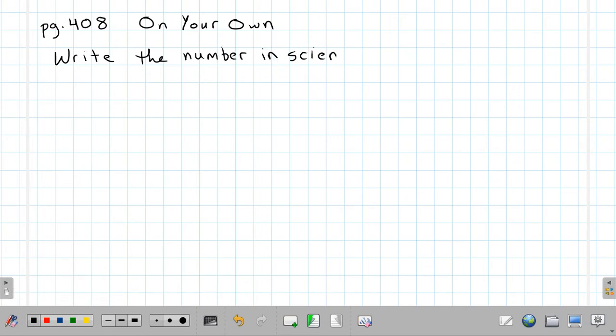So this is the very last thing we covered in the very last section, so this should be the stuff that's most fresh on your mind. But in this case, we're going backwards from what we did in the last questions, numbers 2, 3, and 4, of writing a number from scientific notation to standard form. Here, you're going to be given a number in standard form. So like with number 1 here, you've got the number 40,000.